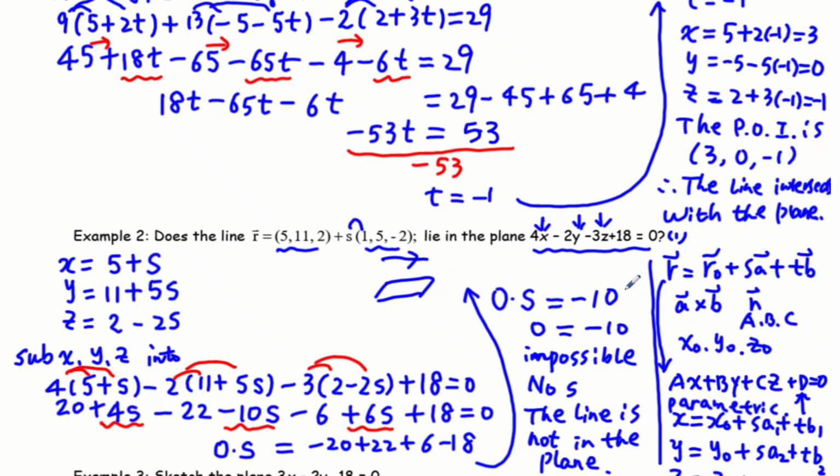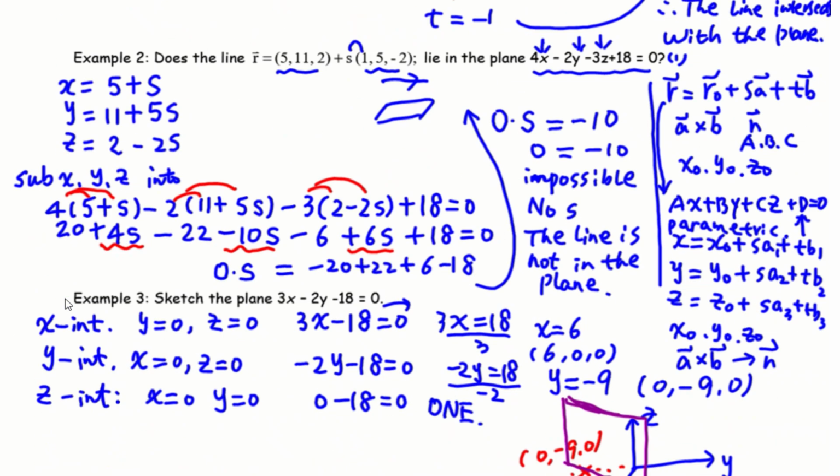If the right side is 0, any value will satisfy this equation. It means the line is on the plane. So it has infinite points. Any s will work, giving you an infinite number of points.